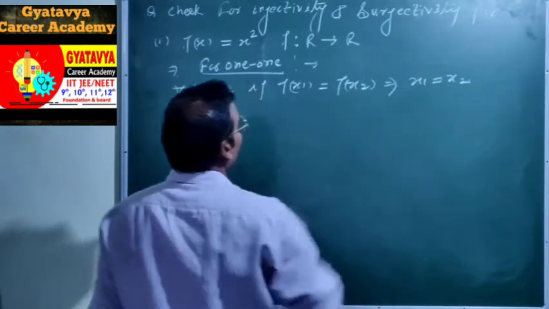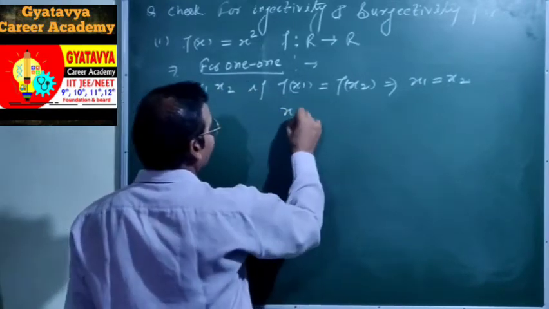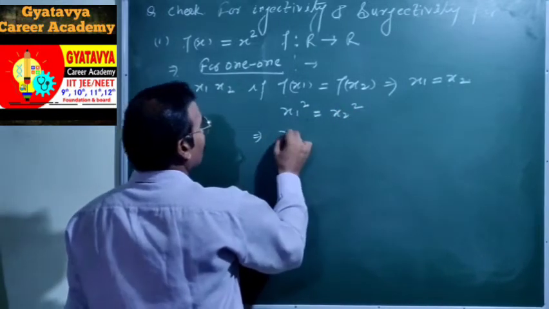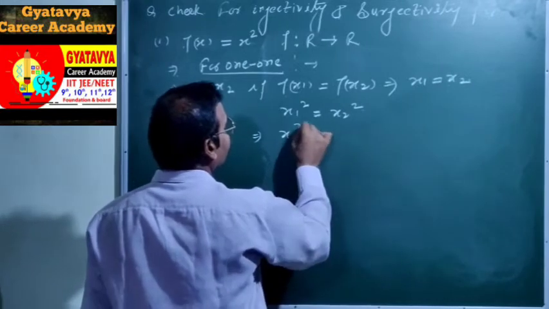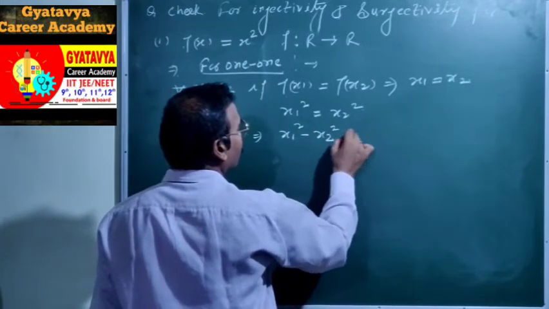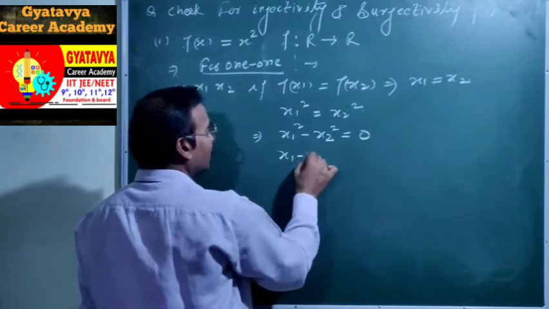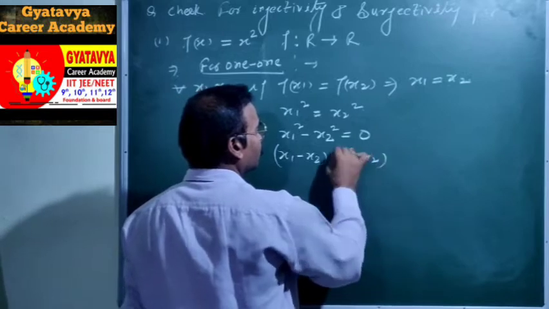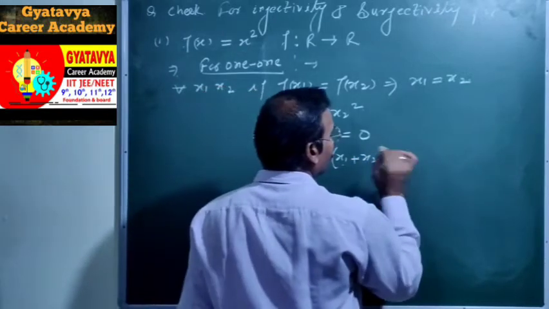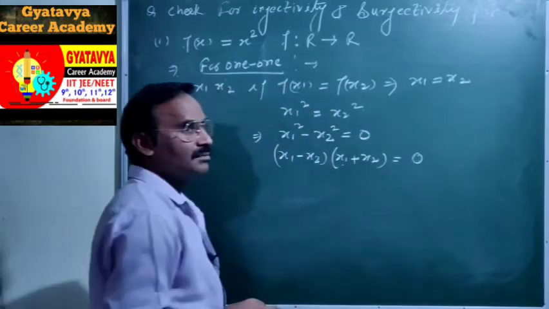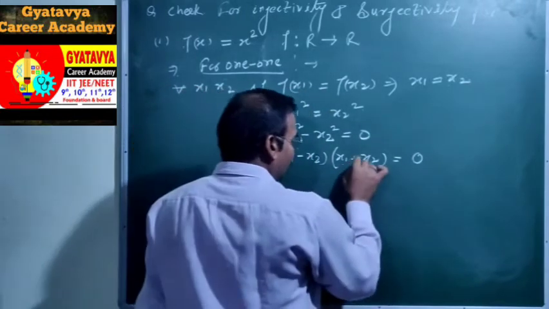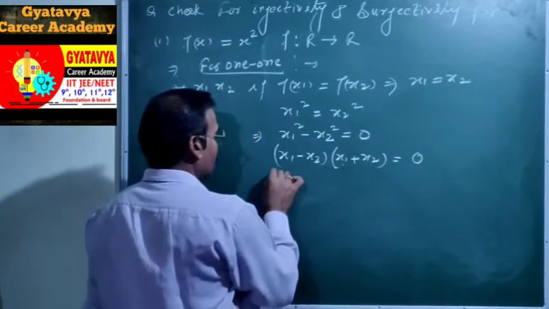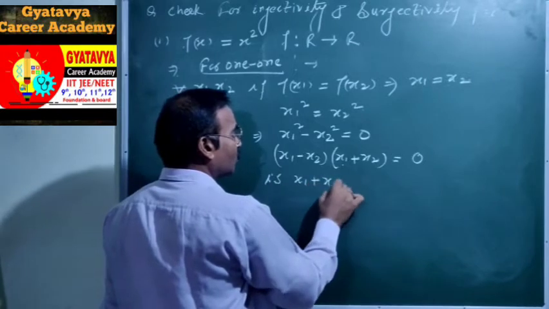So what is the value of f(x1)? This is x1 square equal to x2 square. So x1 square minus x2 square equal to 0. Factorize it: (x1 minus x2)(x1 plus x2) equal to 0. Is this factor 0? Is x1 plus x2 equal to 0?